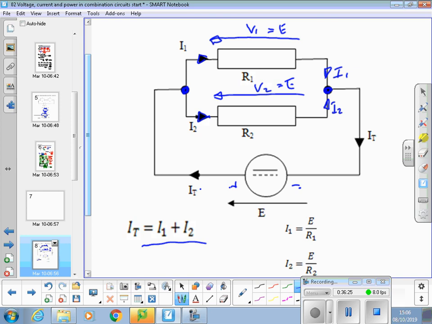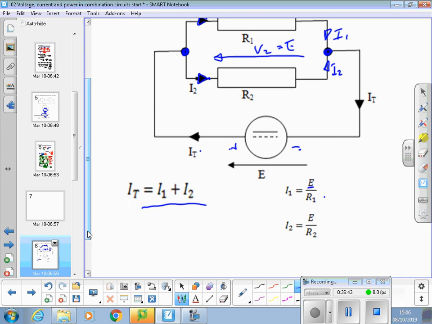And we can calculate each of those currents from the supply voltage, because it's all parallel, divided by firstly the resistor R1 to get the current I1, and the resistor R2 to get the current I2. Current divider.